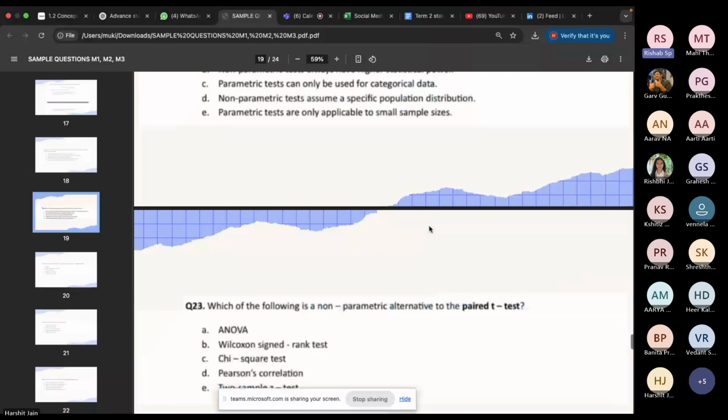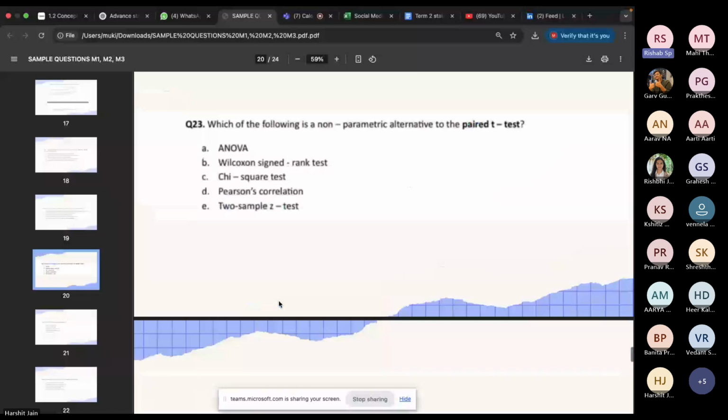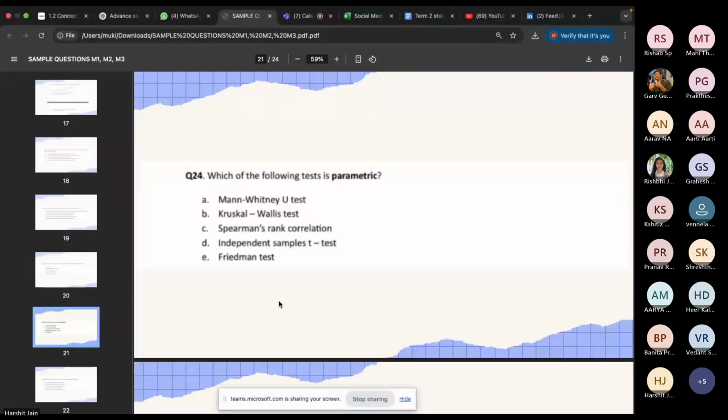Which of the following is it? Yeah, fine. 24 next. Also out of all this, only one is a non-parametric test. So even if we don't know the substitute to p-tables, yeah, correct. You are right.